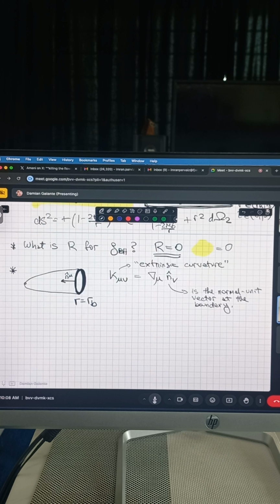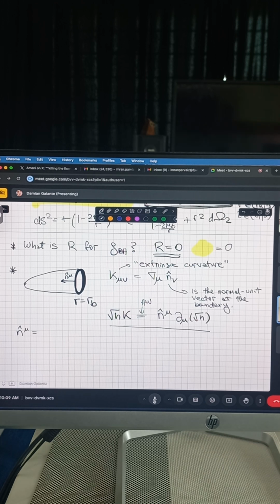But now there's a trick, because the only thing we care about is root h times K. And there's a trick to compute this that you will prove as homework, that says that you can actually do something like n mu d mu of root h. This is an exercise, but the normal vector here in this case is very easy to find, right?